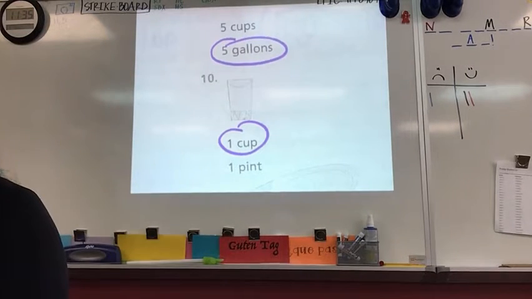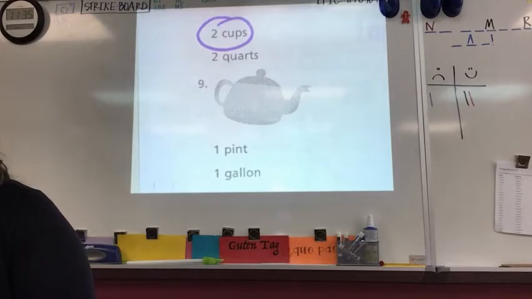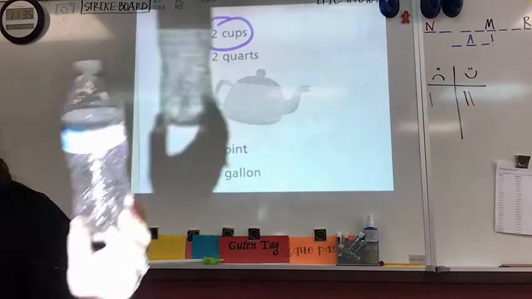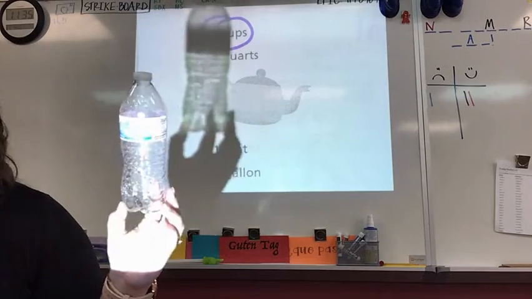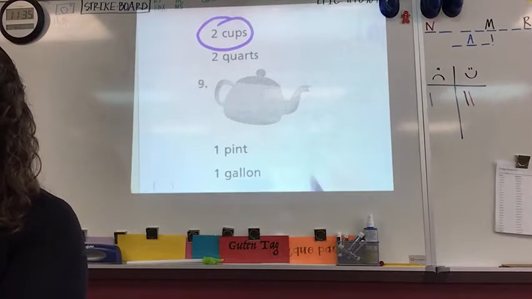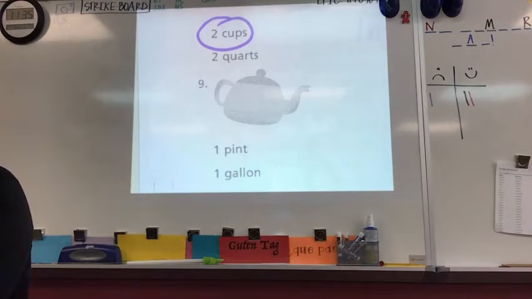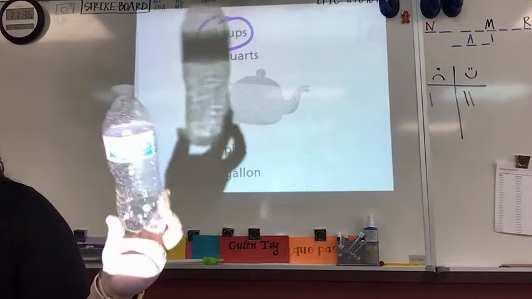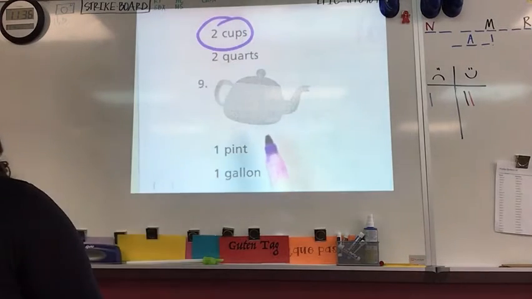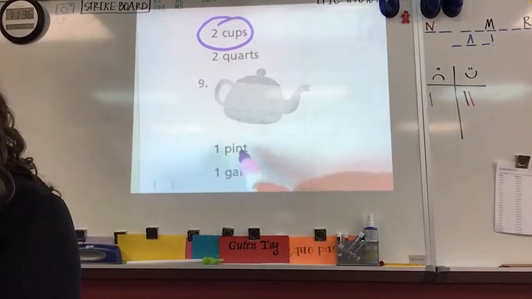But what about a little tea kettle? Would that be about a pint or a whole gallon's worth of tea? And something I want you to think about for this is, is it something for one person or many people? Would it be a pint or a gallon? Ellie? 1 person. So a pint is probably only enough tea for about one person. If it's my kettle, it's probably going to be closer to a gallon, right?